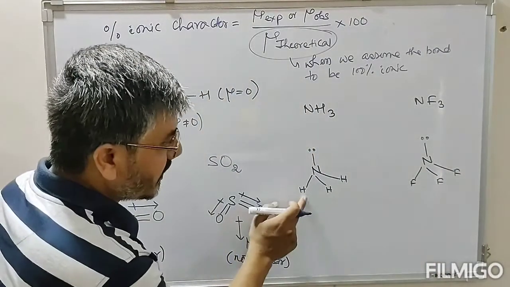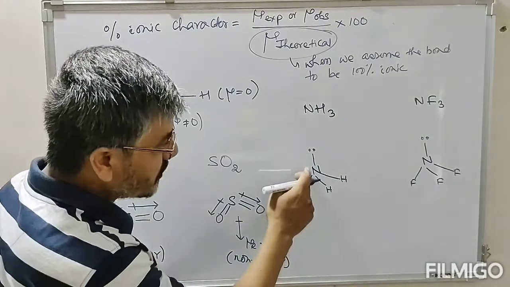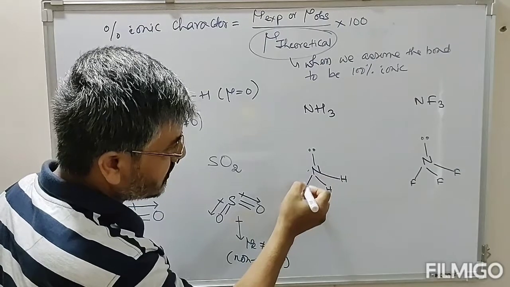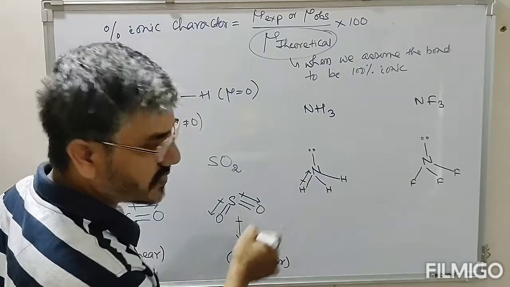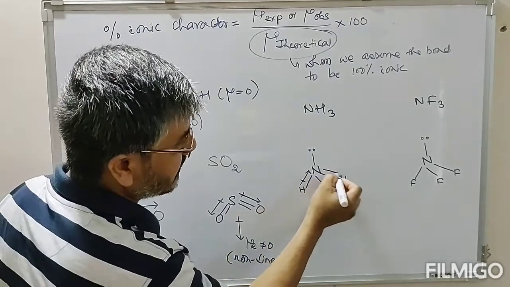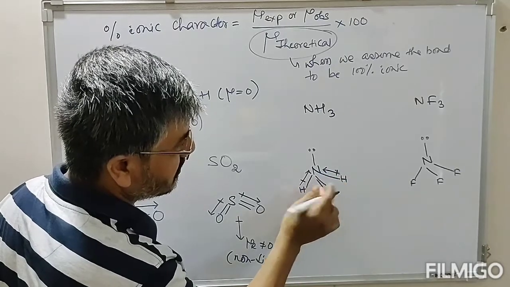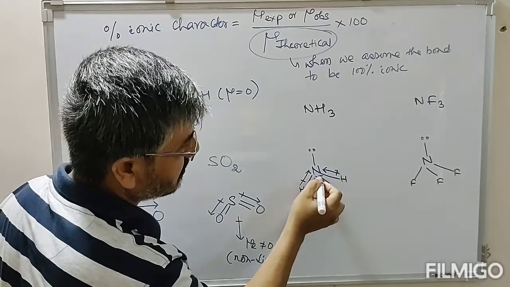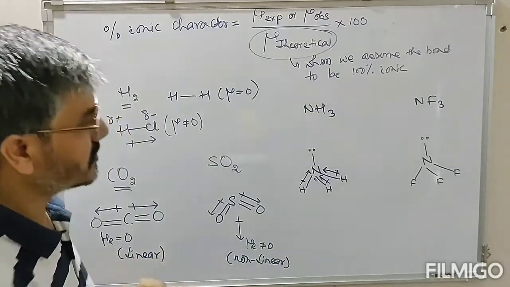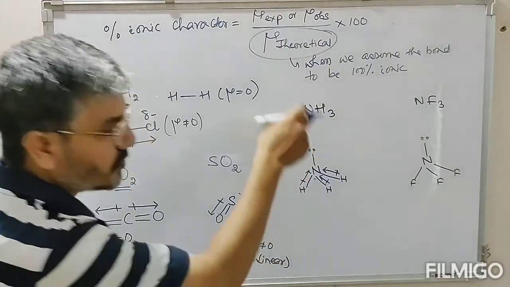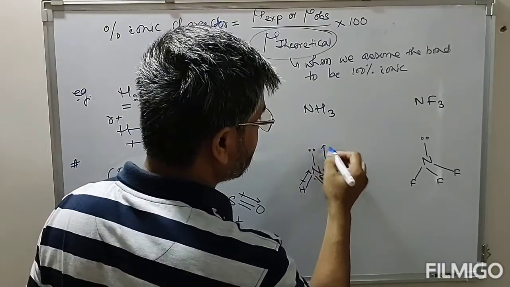Now nitrogen-hydrogen, this has a tetrahedral structure. Hydrogen is less electronegative than nitrogen. We have one nitrogen-hydrogen dipole, a second nitrogen-hydrogen dipole, and a third nitrogen-hydrogen dipole. So three dipoles are pointing towards nitrogen. The resultant of these three is this.